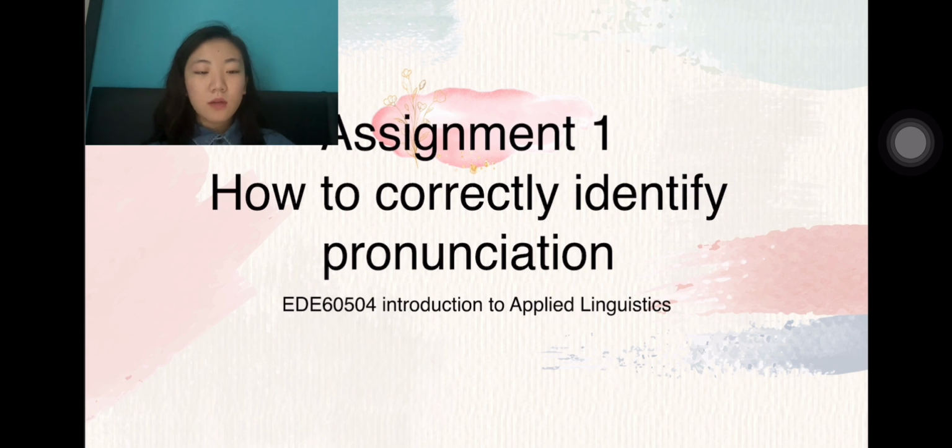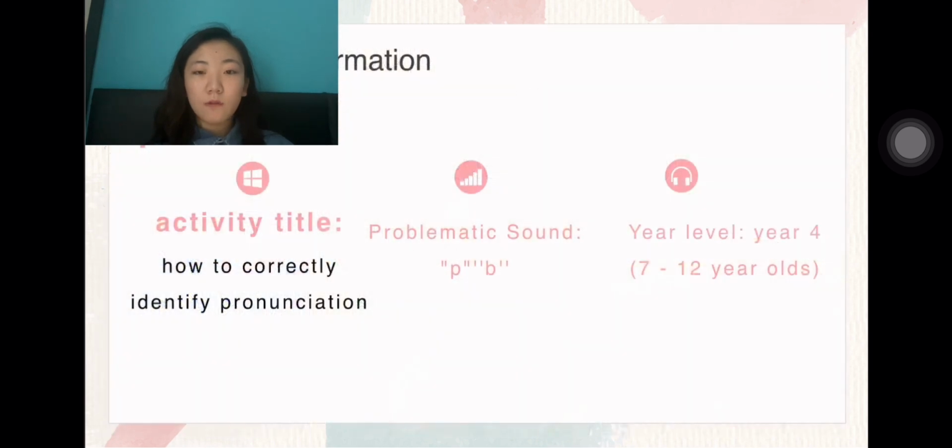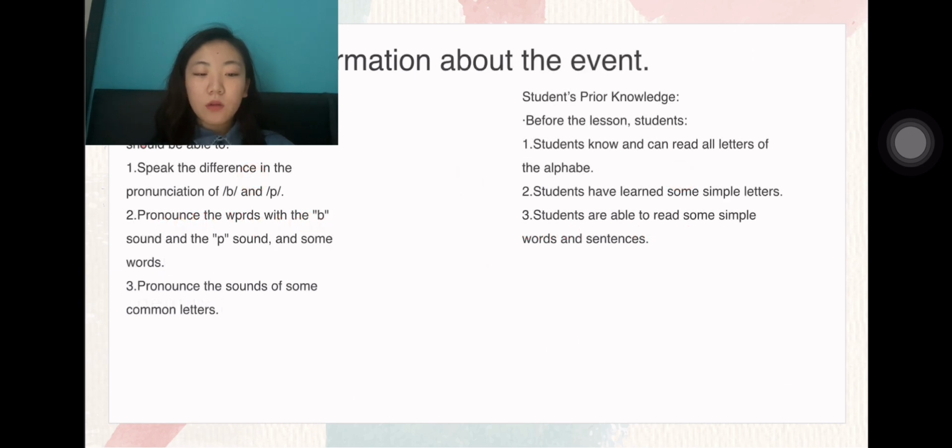They understand simple spelling rules and can pronounce easy words. However, they often confuse the sounds of p and b, especially when they speak quickly or under pressure.